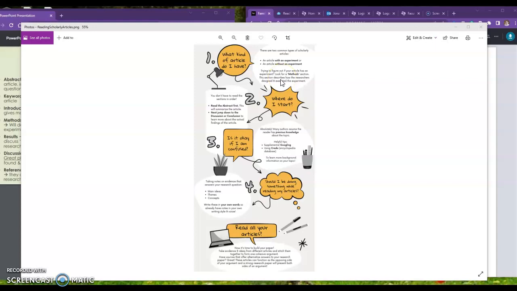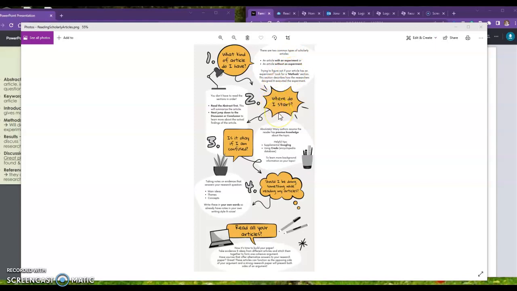Usually the method section is where the authors describe how they design and execute the experiment. Without an experiment, you may go through a different area. So that's the first thing you look for: does my article have an experiment, where you look for a method section, or is it without an experiment?